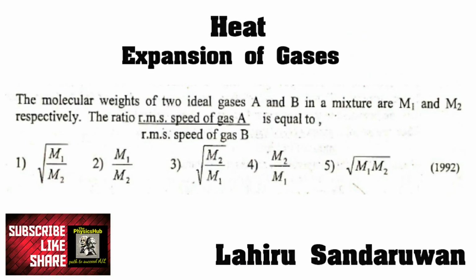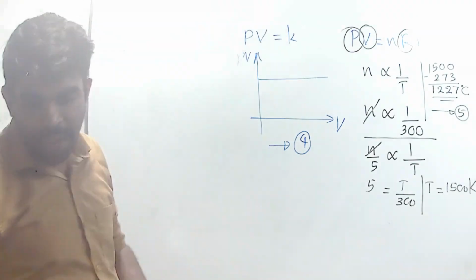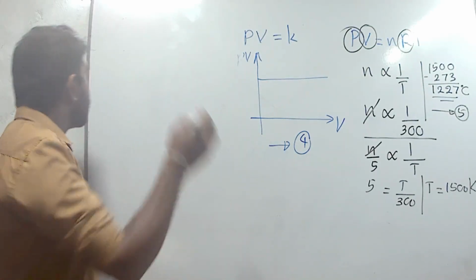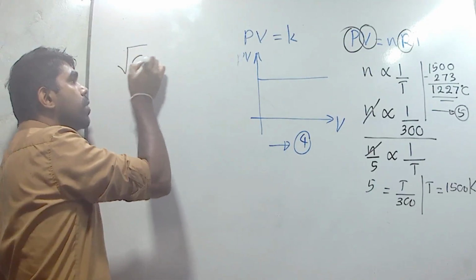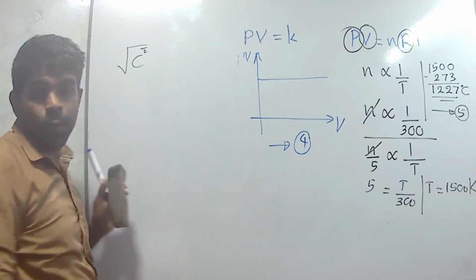The molecular weights of two ideal gases A and B in a mixture are M1 and M2 respectively. The ratio of RMS speed of gas A divided by RMS speed of gas B is equal to what? We can get root mean square velocity, square root of C square bar.